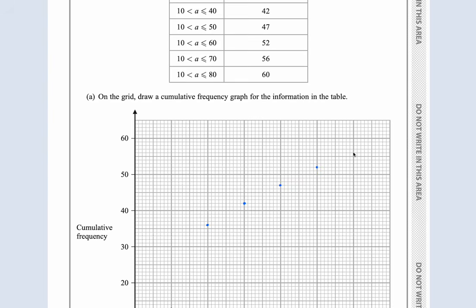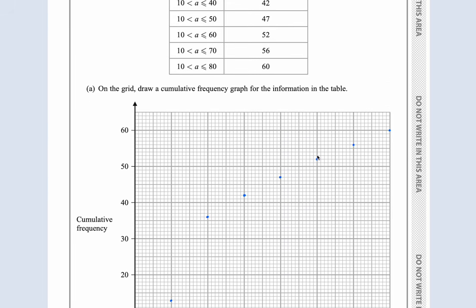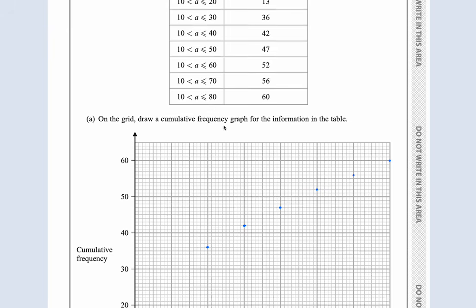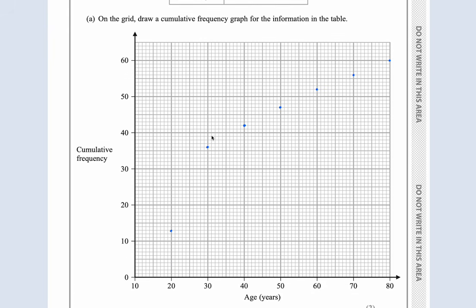You can see these are going up a lot more slowly as we get older. And 80 is 60. Okay, so this kind of makes sense because you wouldn't expect too many people in their 70s going to the gym, but sure, some people do.